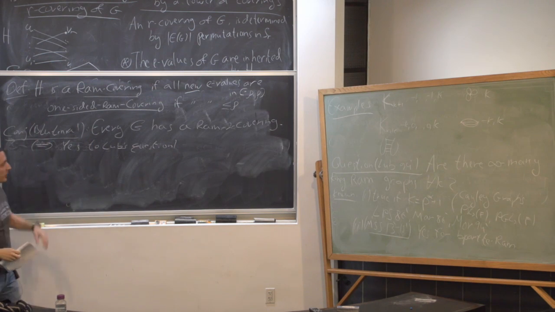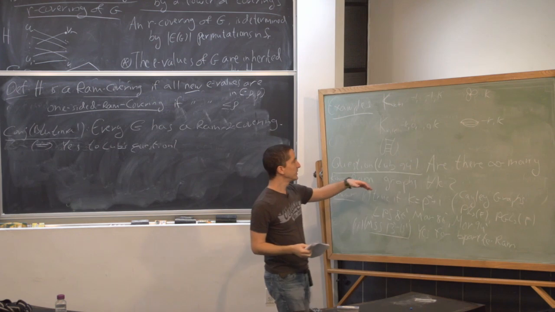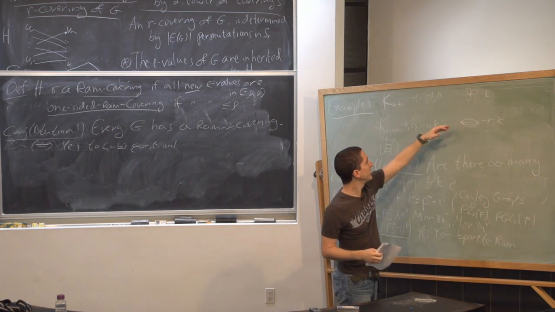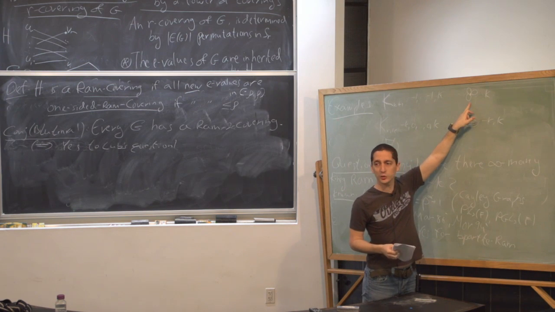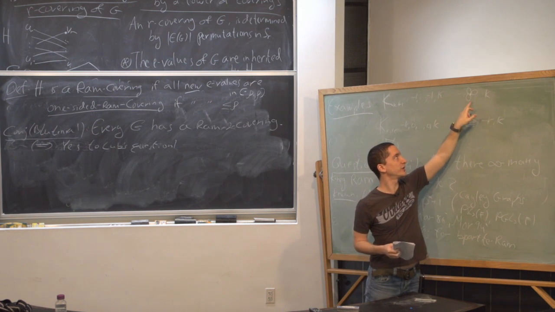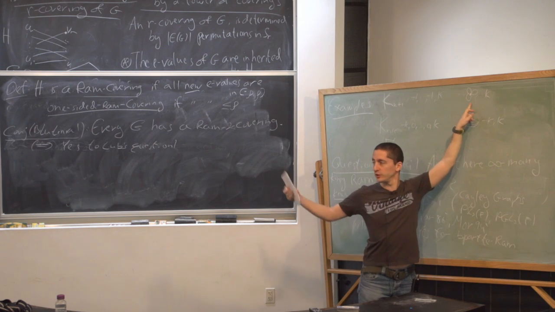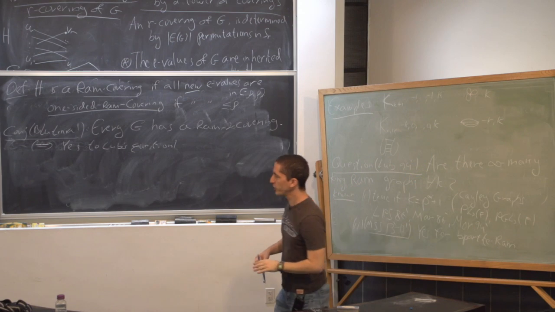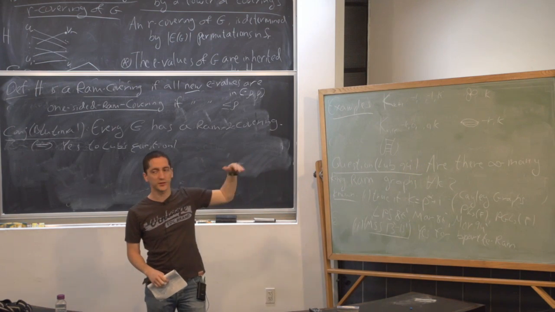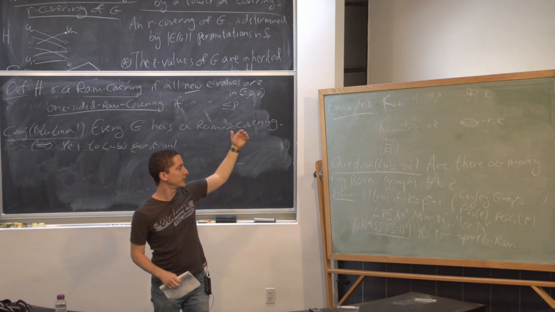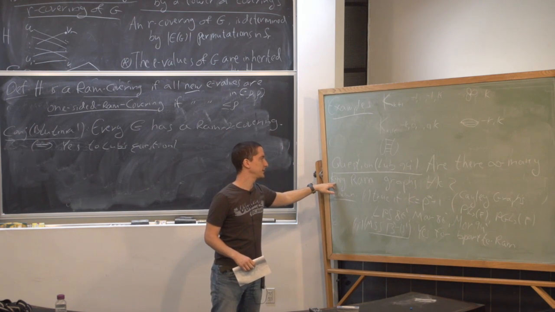If every graph has a Ramanujan 2-covering, you can start with this graph, take a 2-covering, and get a graph with 2n vertices which is still Ramanujan, because all the non-trivial eigenvalues here are Ramanujan, and also all the new eigenvalues are Ramanujan. Then you can go on, build a graph with four vertices, then 8, then 16, and you get an infinite family of k-regular Ramanujan graphs.